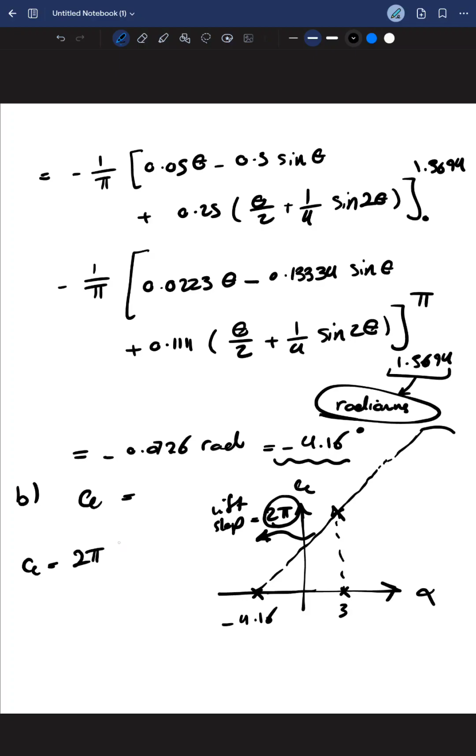Okay, so using all of this information, CL can be found as 2 pi multiplied by (alpha minus zero lift angle of attack). So CL is 2 pi times (3 minus (negative 4.16)).